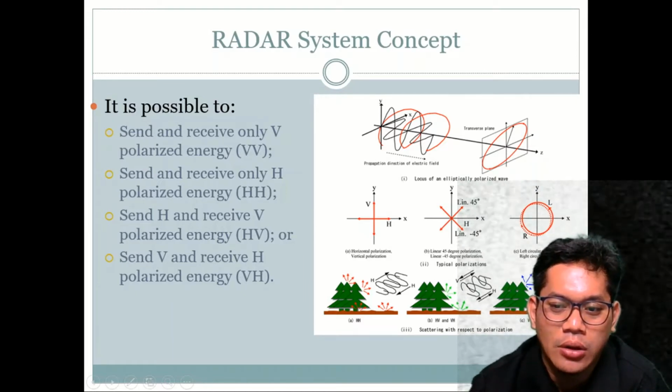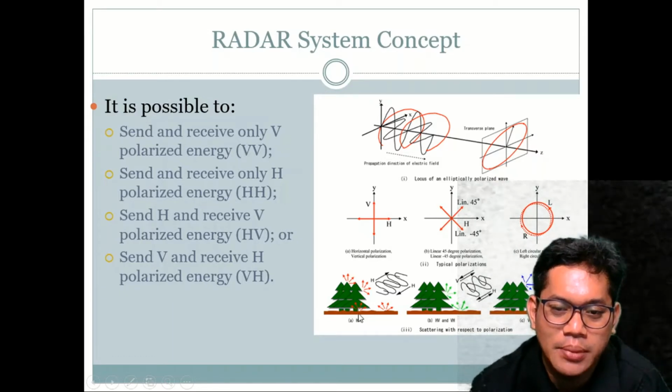While for the vertical, it mostly senses the top of the canopy or the surface itself, but it is not able to detect underneath the canopy as horizontal could. But okay, so these are the advantages and disadvantages between horizontal and vertical.